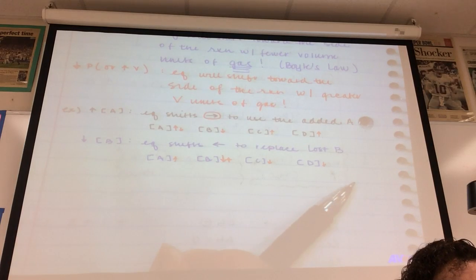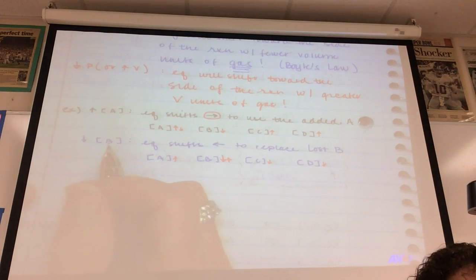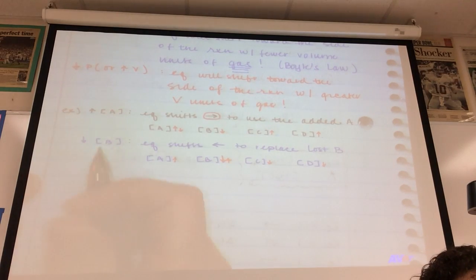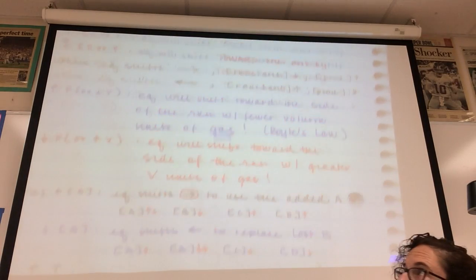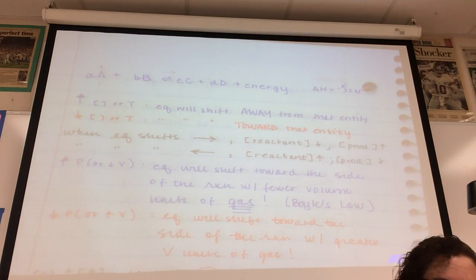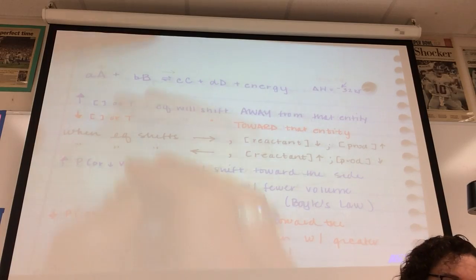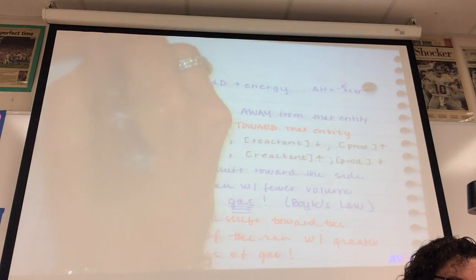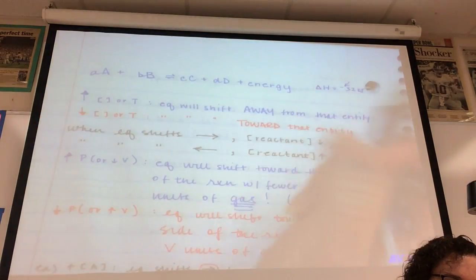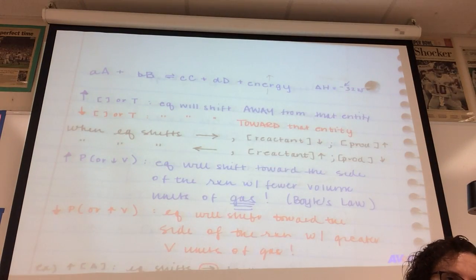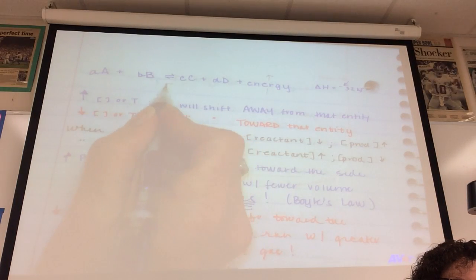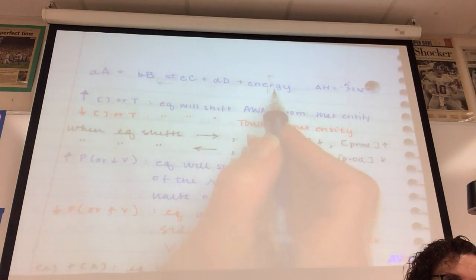In the equation shown above, let's say that we increase temperature. Looking at that equation, and again, it's easier to write on it with pencil. If we increase temperature, equilibrium will shift to the left to use the heat added.